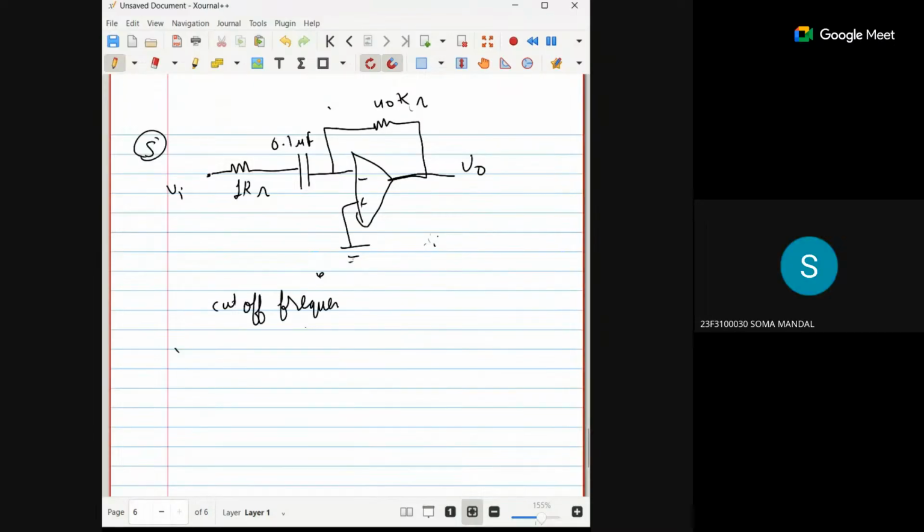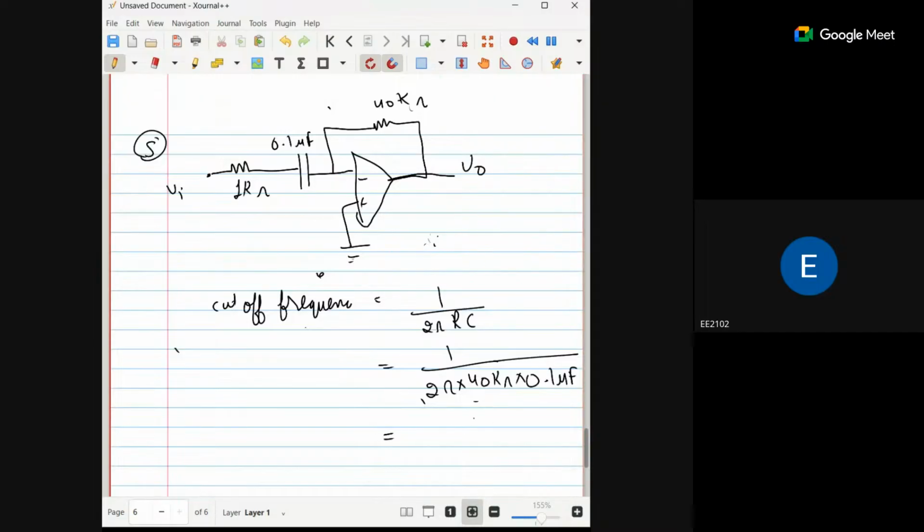FC will be the same, 1 upon 2 pi RC. Yes, so that R is 40 kilo ohm, and then 1 upon 2 pi, 40 kilo ohm into C 0.1 microfarad.